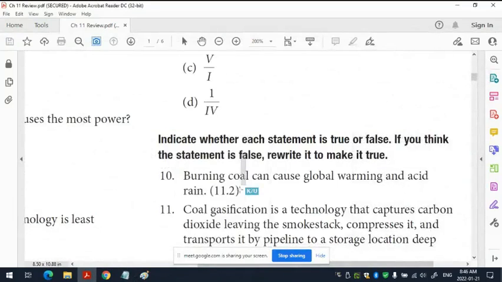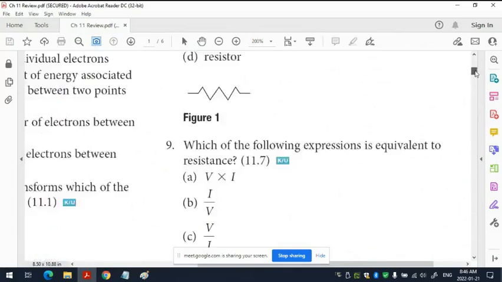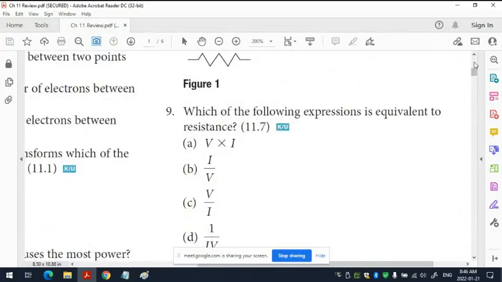Number 9. Which equation is equivalent to resistance? First of all, what's V times I or I times V? It's the last thing we studied yesterday, which we barely used. Power. P is equal to IV. So that's not it. This is power. Is this resistance?